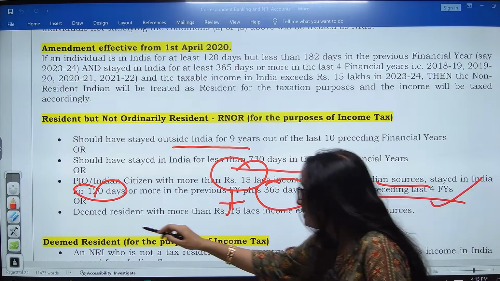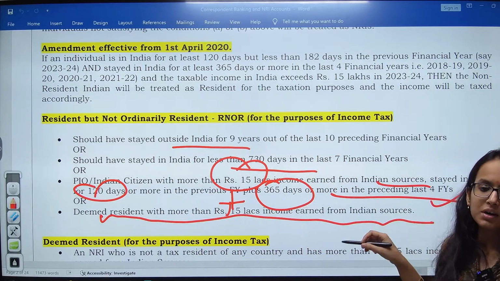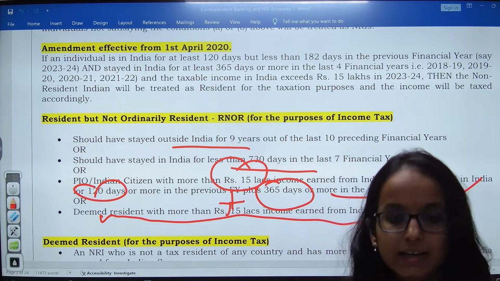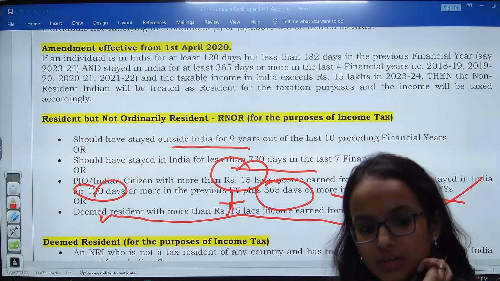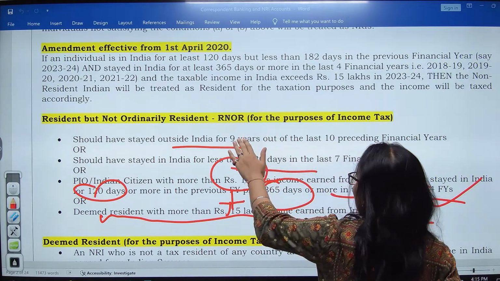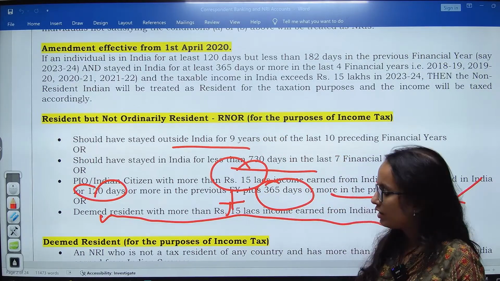Or a deemed resident with more than 15 lakh rupees of income earned from Indian sources only. So these are the criteria as per the Income Tax Act 1961 for classifying an individual as resident but not ordinarily resident. I hope this is clear to you all.